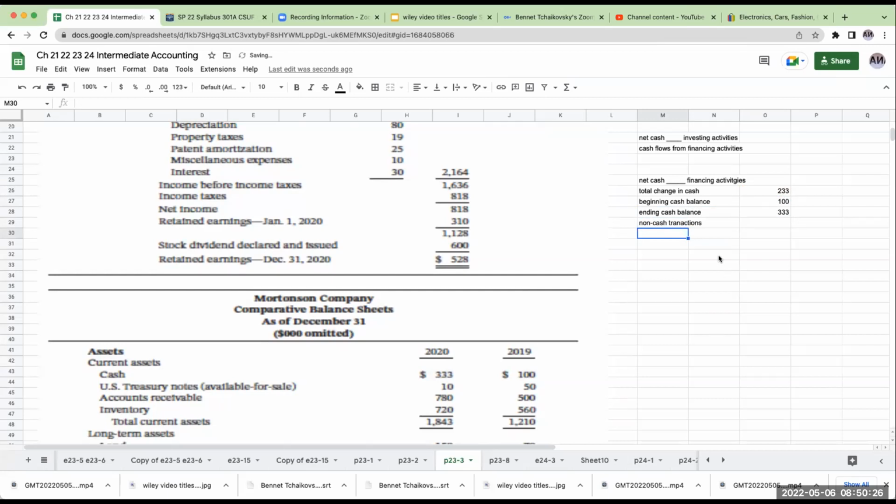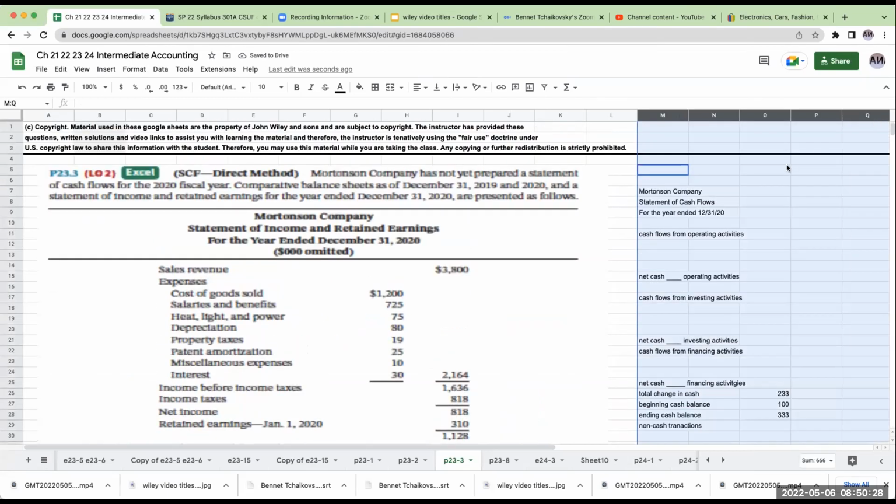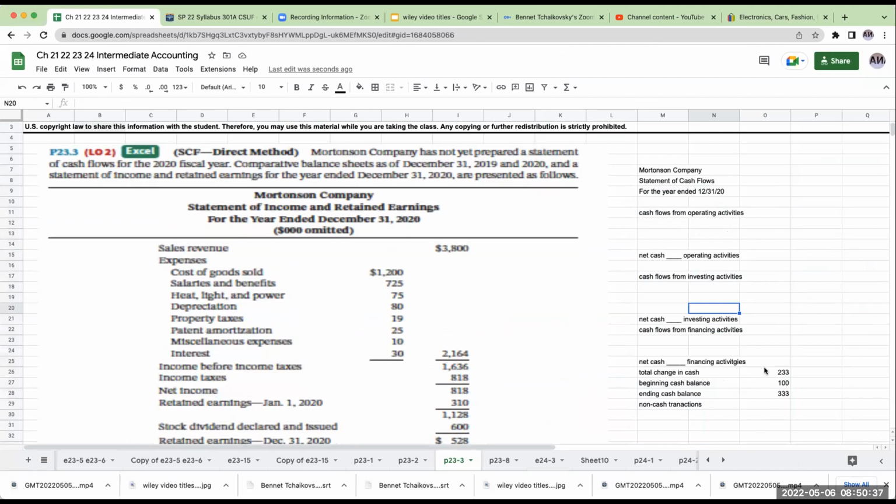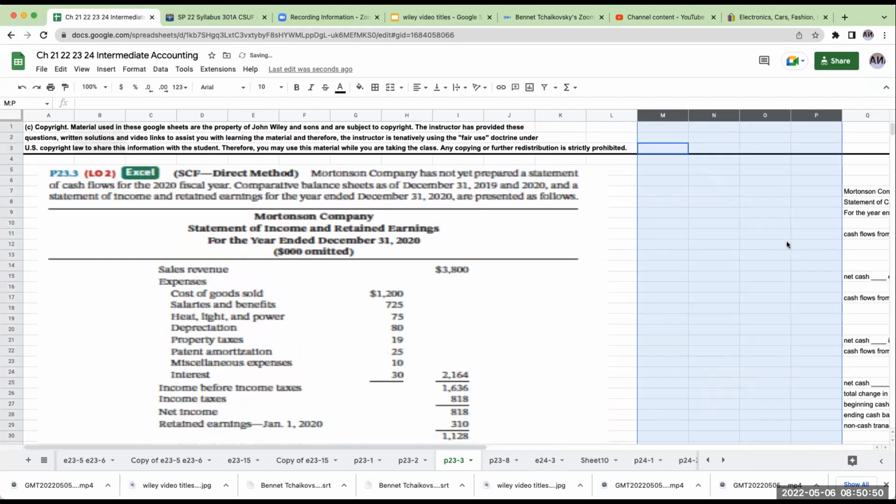So this is my skeleton, and this is what I always want to start with. It's basically telling me the outline of the statement, and then I have this additional information below. If I'm preparing a direct method statement of cash flows, the only thing that's different between direct and indirect, which is the method that I definitely prefer to see done, is the operating section.